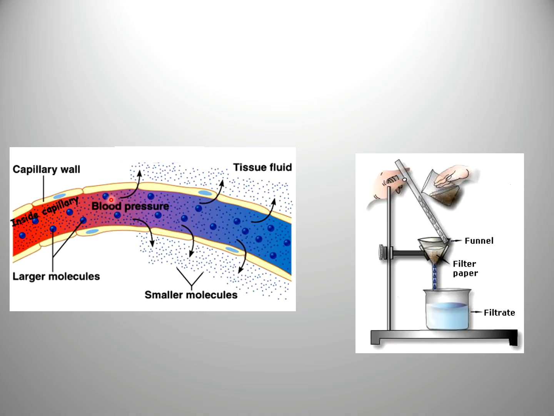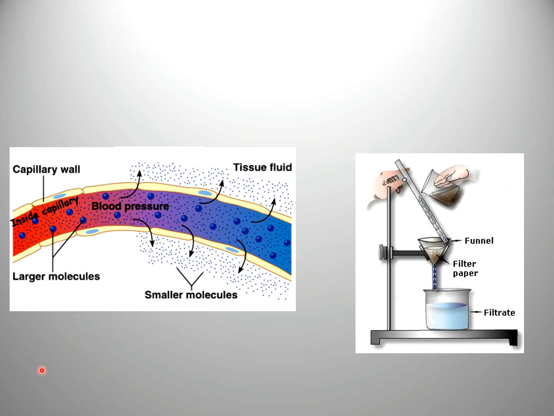So larger molecules might not be able to pass through that capillary wall, but smaller molecules will be able to pass through the membrane of the cell that makes up the lining.